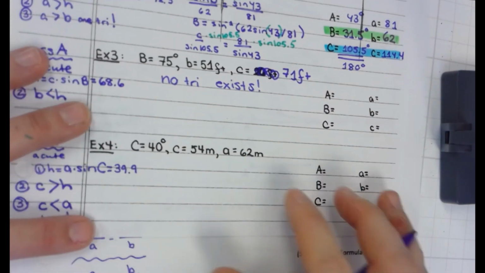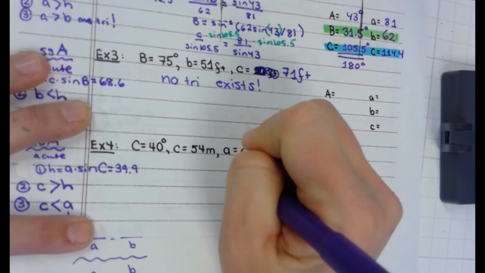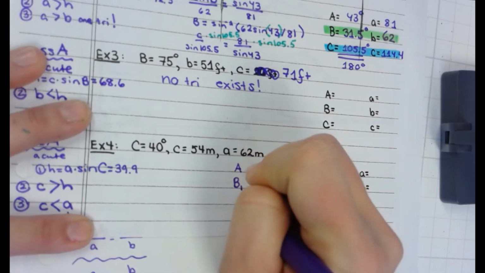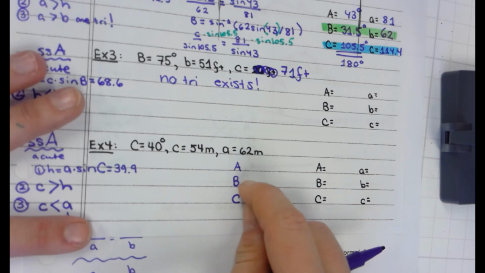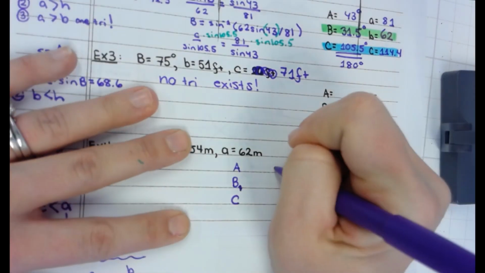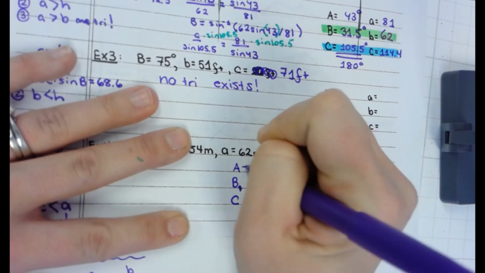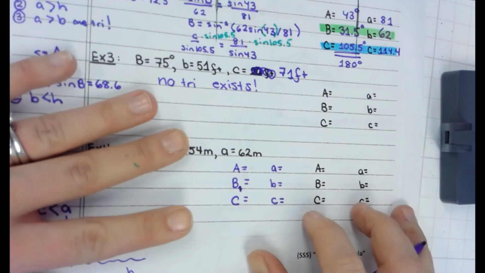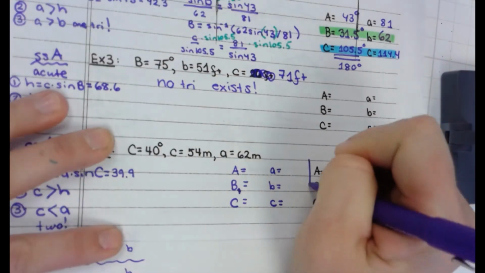Okay. Make me another set of A, B, C. I don't know if I want B1 actually. I'm going to erase that. Because we have 2 triangles, 2 possibilities, 2 answers.